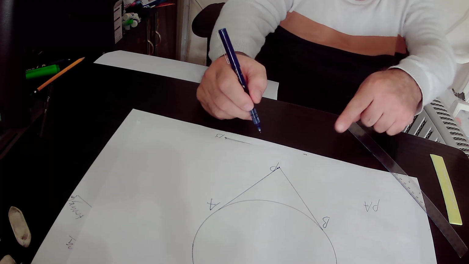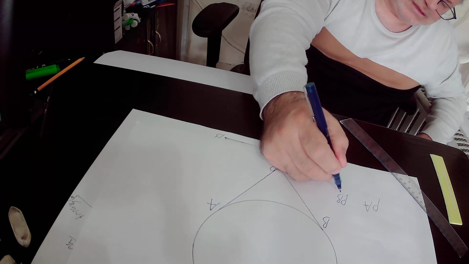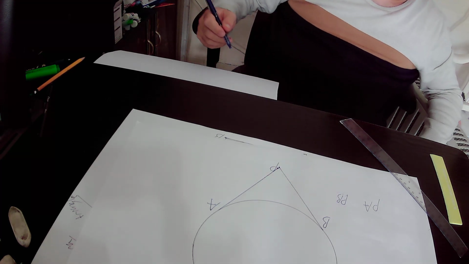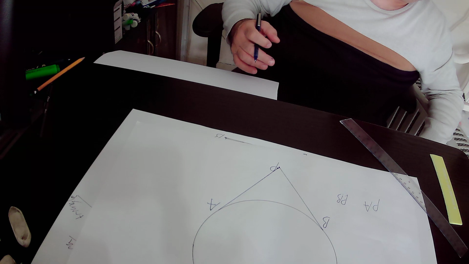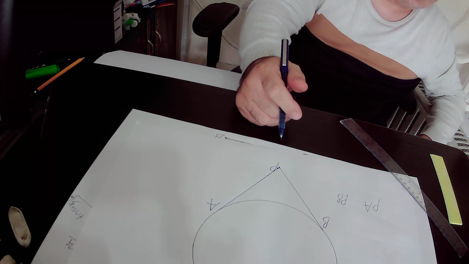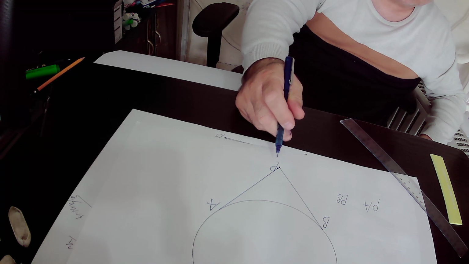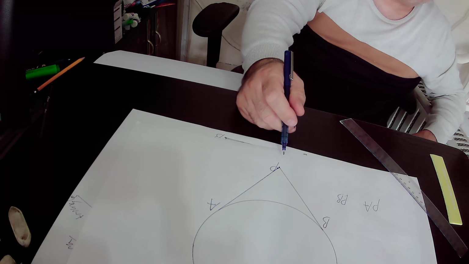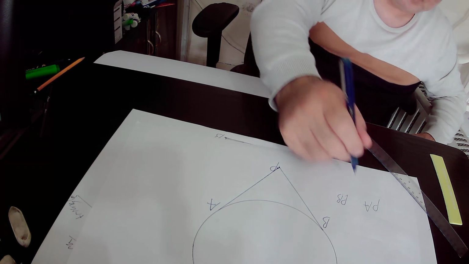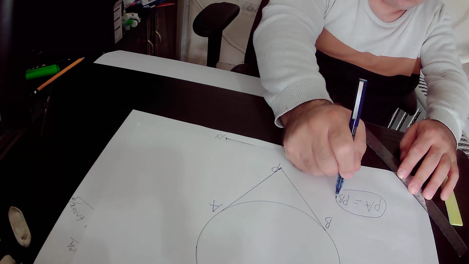The length of the second tangent is PB. And according to rule number 8, whenever you draw two tangents from a common external point of the circle to that circle, then the lengths of those two tangents will be equal to each other. That is to say, PA equals PB.